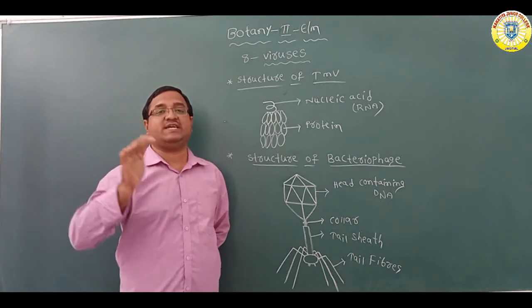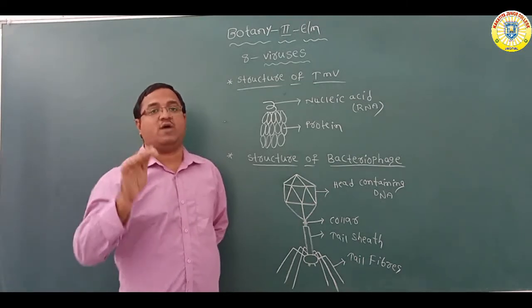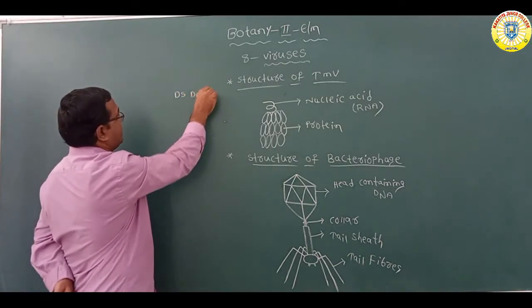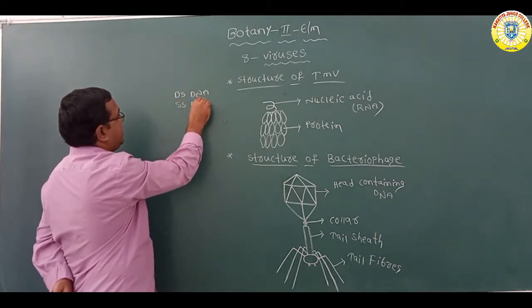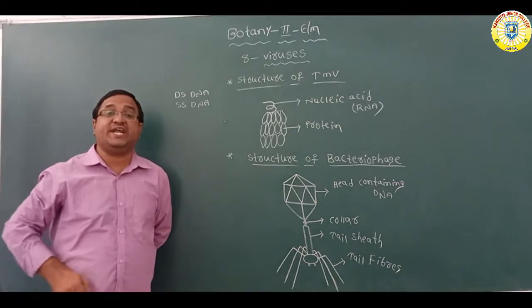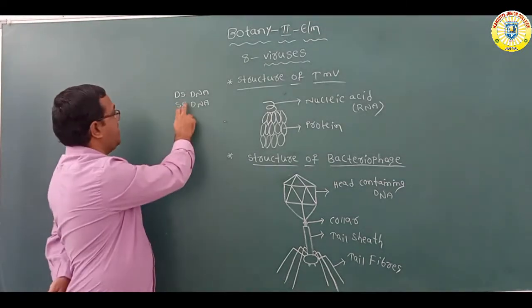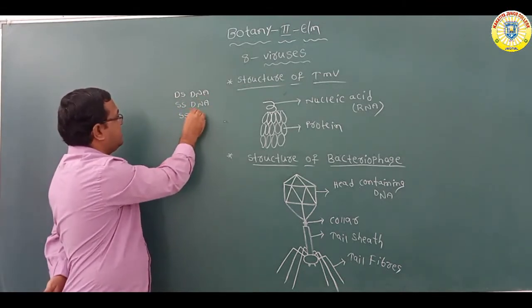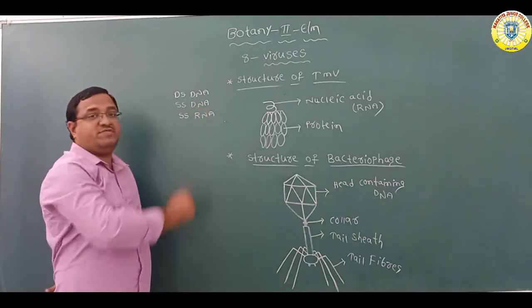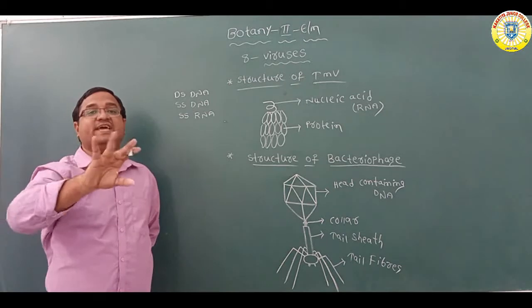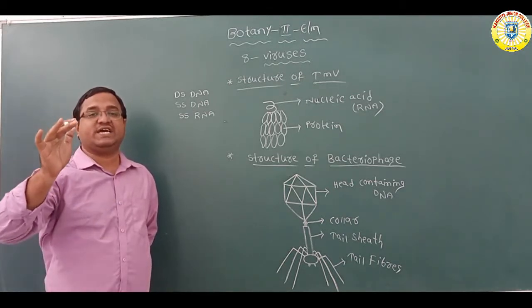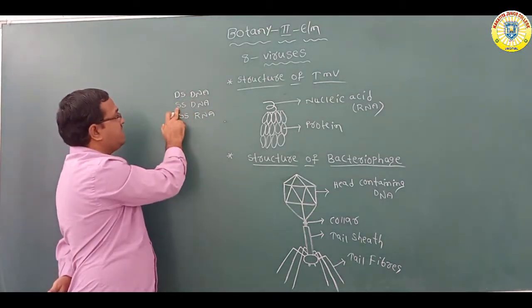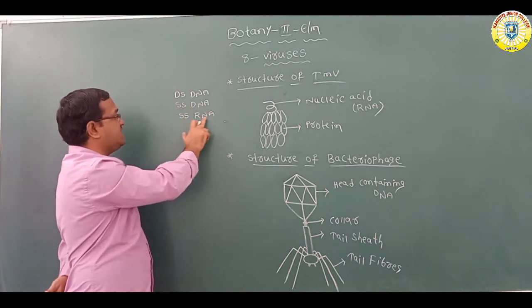The virus contains its genetic information mainly in three forms: either double strand DNA, or single strand DNA, or single strand RNA.